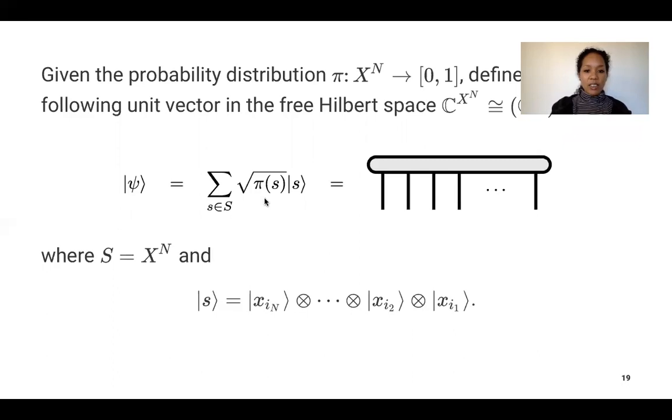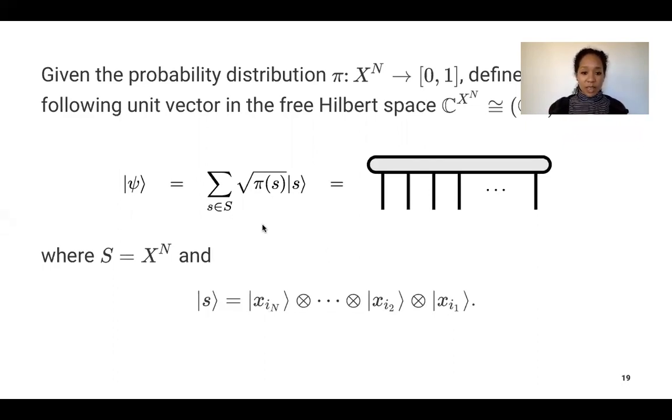Just take the weighted sum of all sequences of length n and weight them by the square root of their probabilities. Because I'm working in a free vector space, the vector representation for a sequence of length n, which I'm calling S, is just a product of one-hot encodings, if you like, or a product of standard basis vectors for the individual words that comprise that sequence.